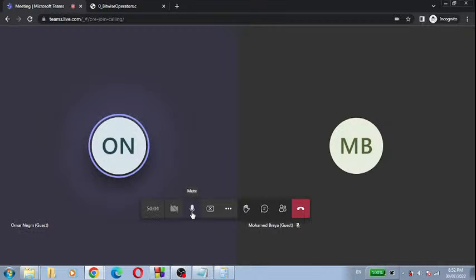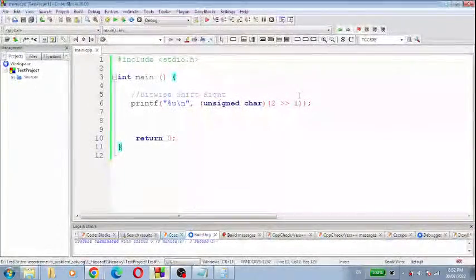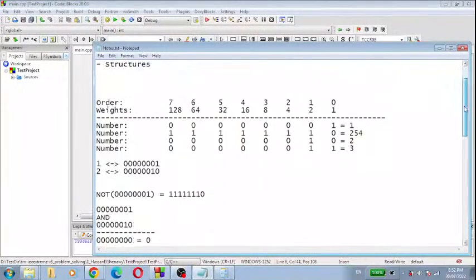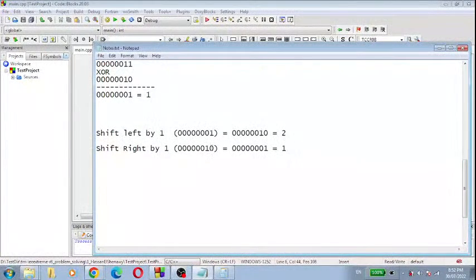Sorry, I couldn't understand well. I think you want to shift this number like this, but you don't want this to be 0; you want it to be 1, something like this.